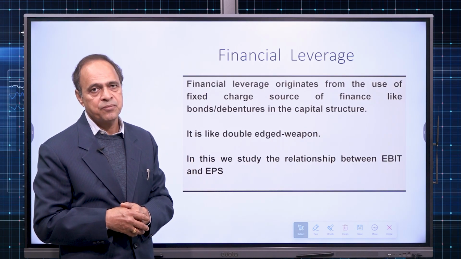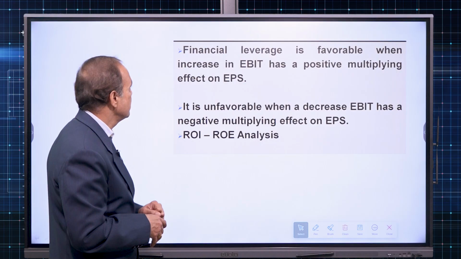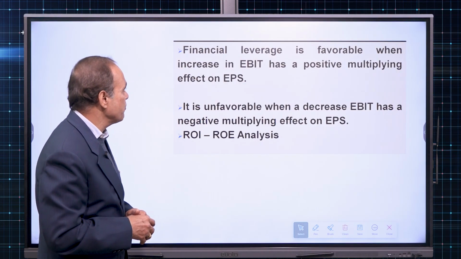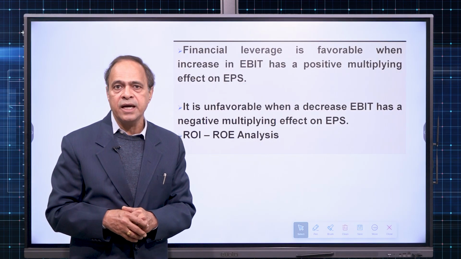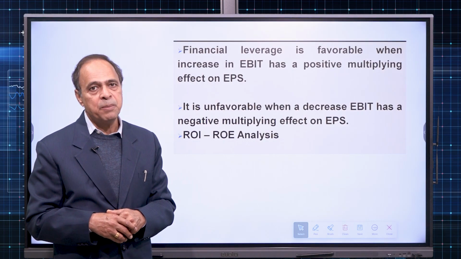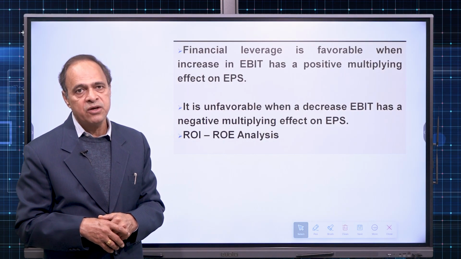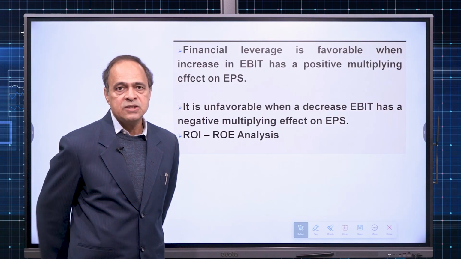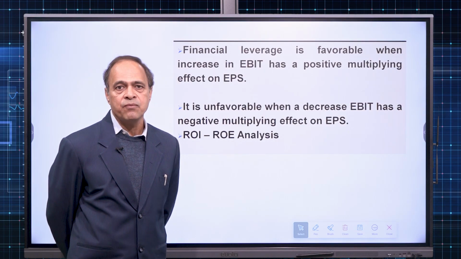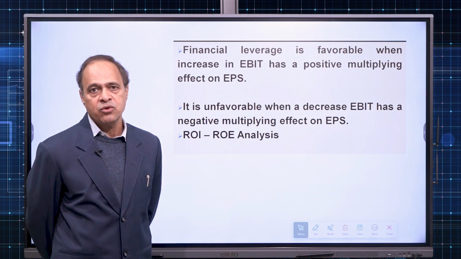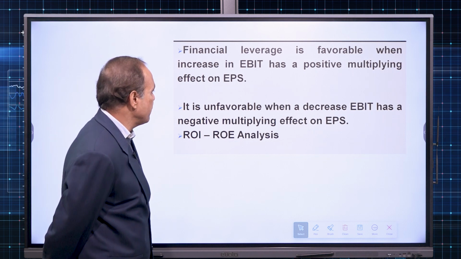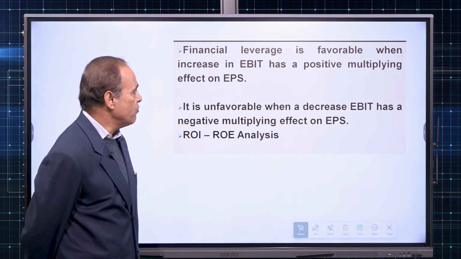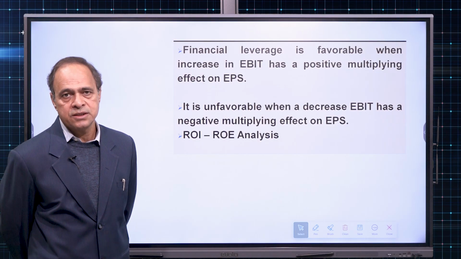Meaning is the same. Financial leverage is favorable when an increase in EBIT has a positive multiplier effect or positive magnifying effect on EPS or return on equity. Whereas financial leverage will have a negative magnifying effect or negative multiplier effect on EPS when EBIT decreases.